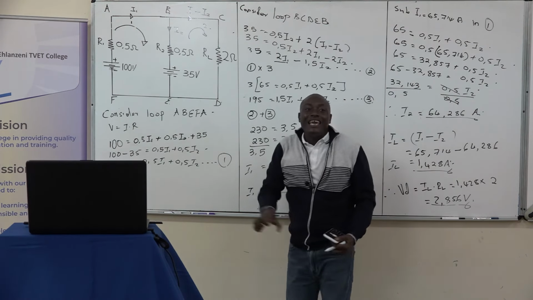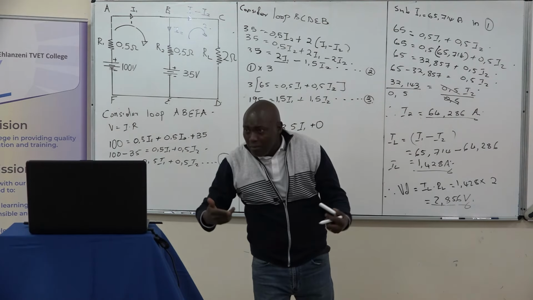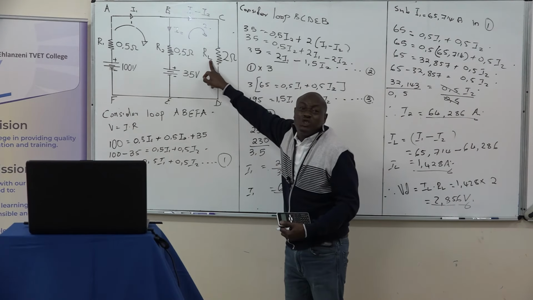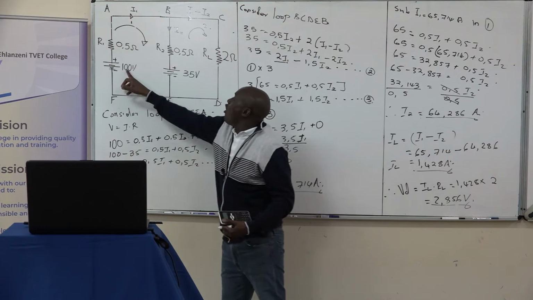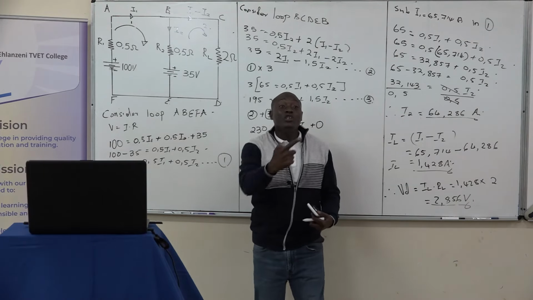So it shows that the load we are going to supply has a lesser value of voltage. Before I wrap up, if we find that the voltage drop here is higher than one of the supplies, it means that the current is going to be negative.